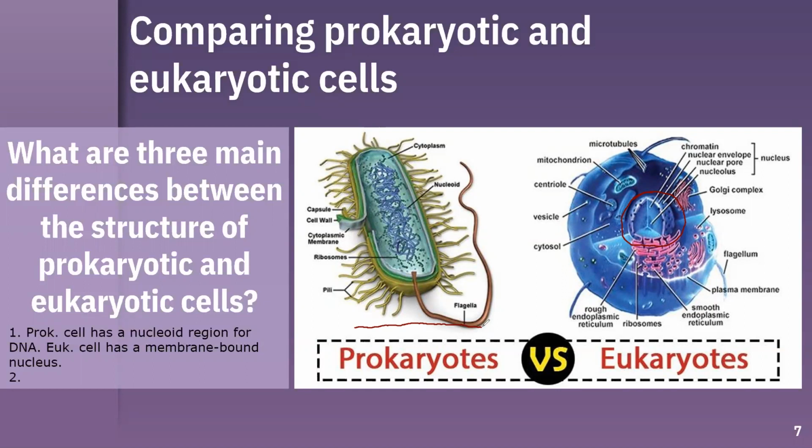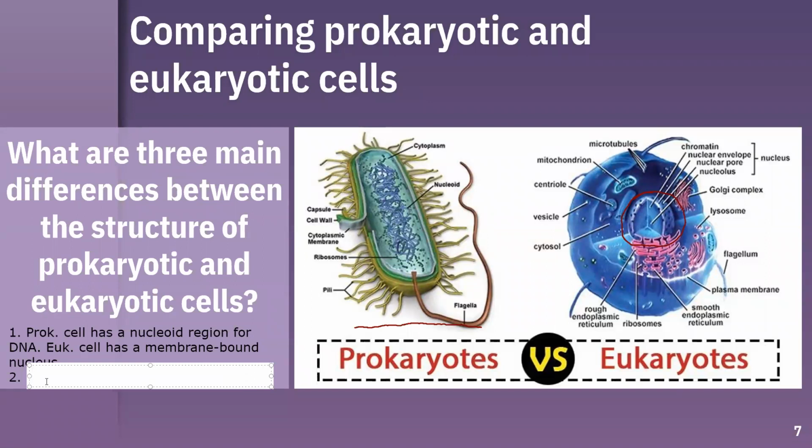There is no membrane. That is where the DNA is condensed, right? It's where it is most dense, kind of collects in that area, but there's no membrane around it. So that is the main difference between prokaryotes and eukaryotes. And if you look it up online, that is what you'll find.